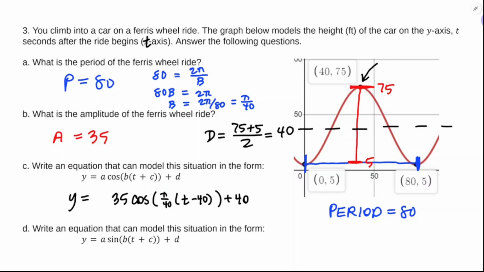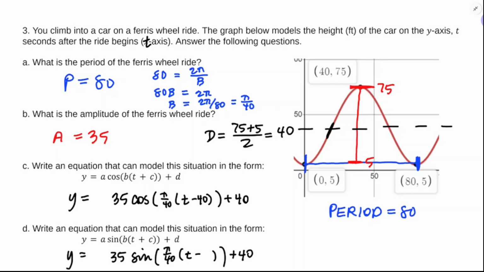And then as far as the sine, kind of the same idea. y is going to equal 35 times the sine of, okay, the pi over 40 is set because the period is set. It's just going to be a question of phase shift. So is the vertical shift. That one's set. So with sine, we're used to it starting where it's coming up through the midline.